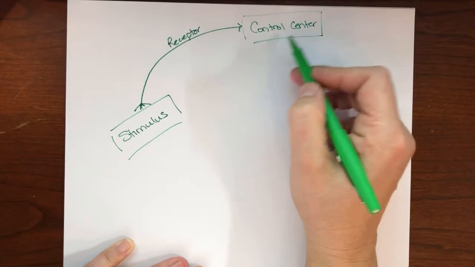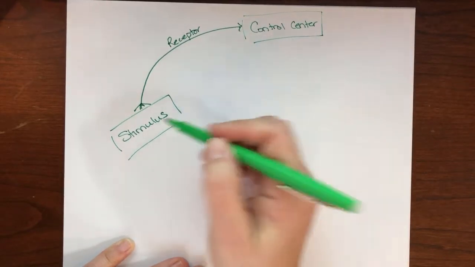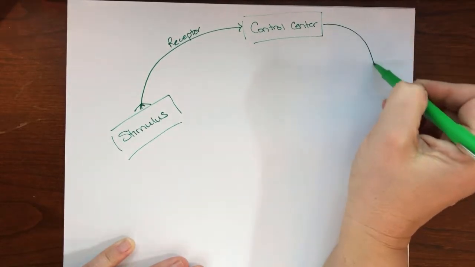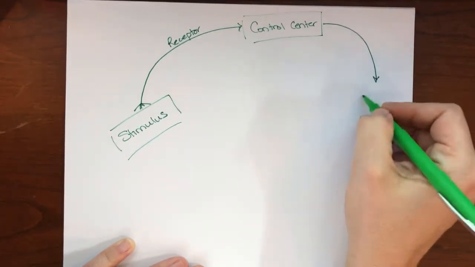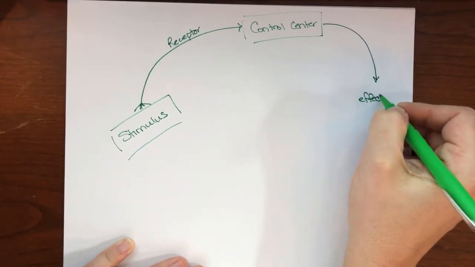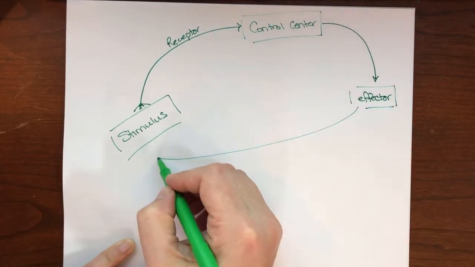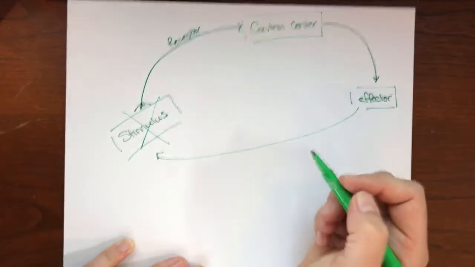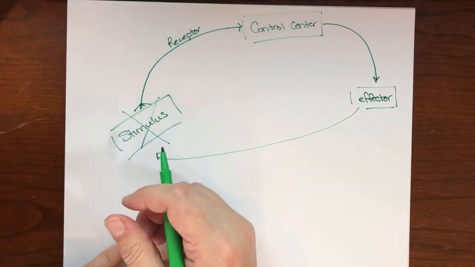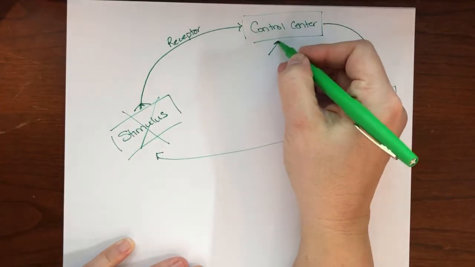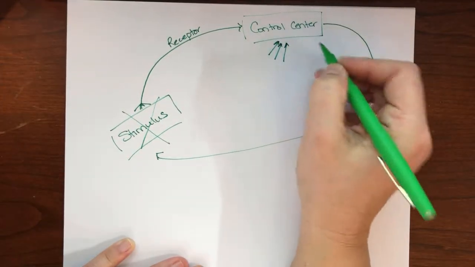The control center will make some kind of judgment about whether the stimulus is enough and what to do about it, and will send out instructions to an effector. And in negative feedback, the effector will go and do something to get rid of this stimulus and bring the body back into equilibrium. And a lot of the times people think of the control center as being the brain.